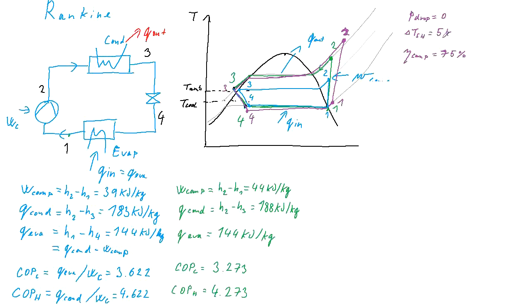So with this superheating, it means that the temperature at the point 1 is temperature at the saturated vapor line plus the temperature difference for the superheating. So instead of minus 20, it will be minus 15 degrees C. Now let's get the enthalpy at this point.